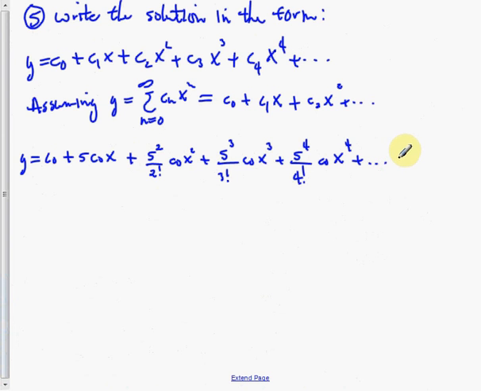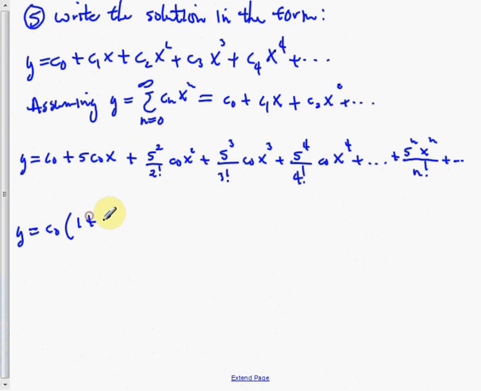The pattern looks like this: plus 5 to the n times x to the n all over n factorial, plus and so on.